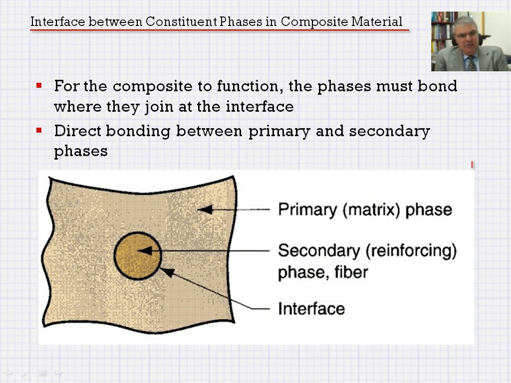Okay, now let's take a closer look at the primary and how it's been embedded in a matrix. As you can see, the secondary or reinforcing phase of fiber is shown here in the form of a circle. The primary matrix is the foundation, as I keep repeating.